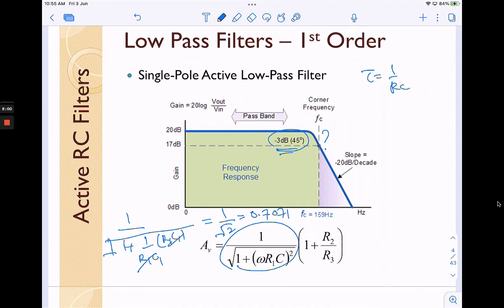And then when you put it into a log term, you multiply by 20 log 0.707. What you get is actually negative 3 decibels. So this is the negative 3 decibels that corresponds to the cutoff frequency on the gain versus frequency plot here.